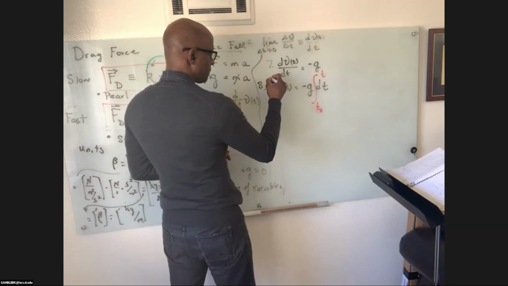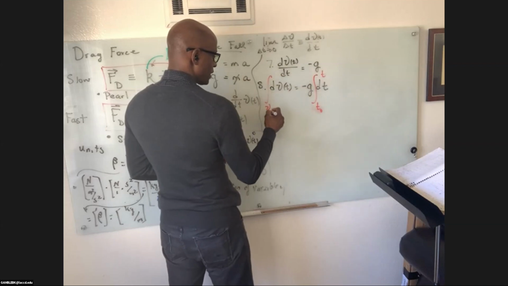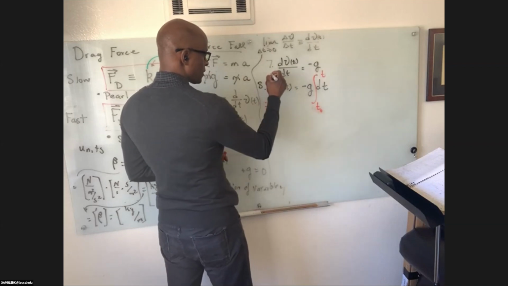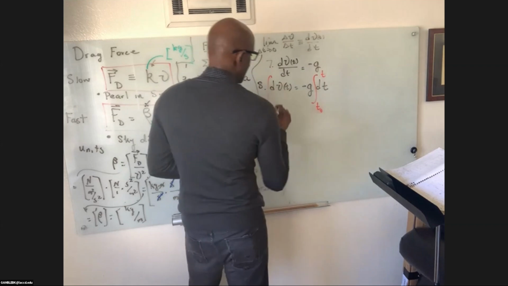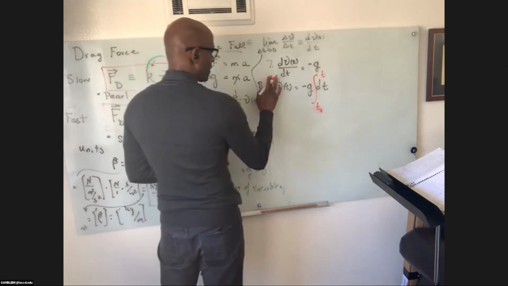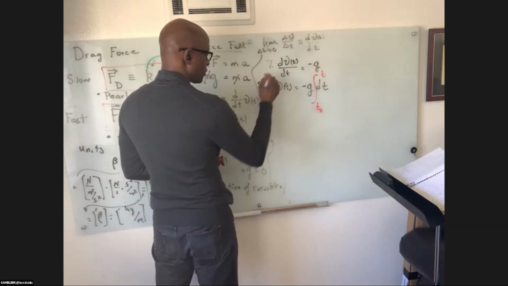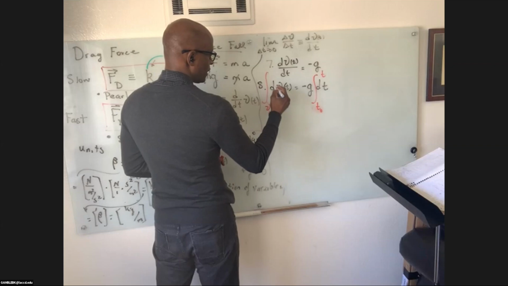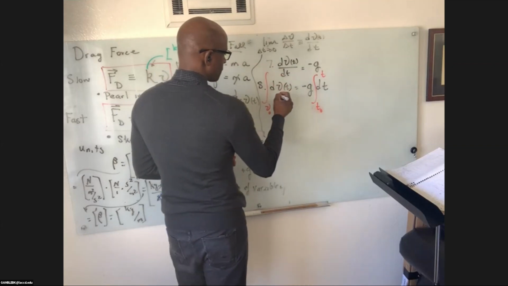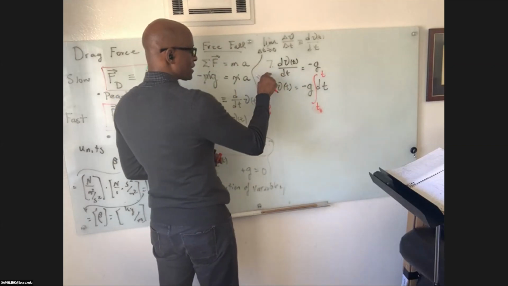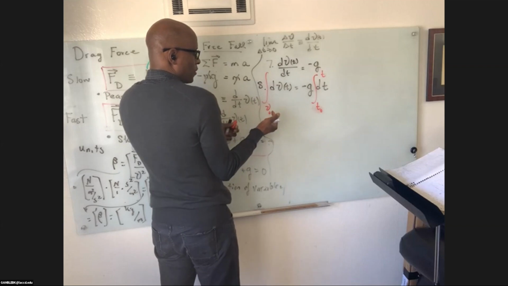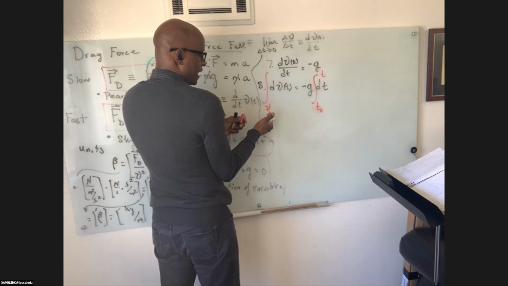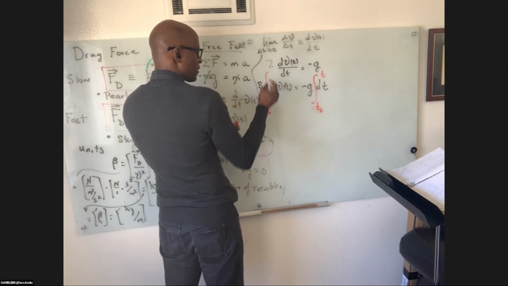And this goes from v naught, the initial velocity at time t equals 0, to a final velocity. Now here, as a physicist, I'm going to hand wave or fudge some notation, right? I'm going to say that this is actually a specific number, because I'm going from the velocity at a particular time to the velocity at some final time.